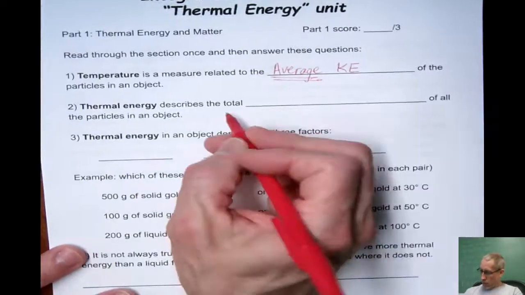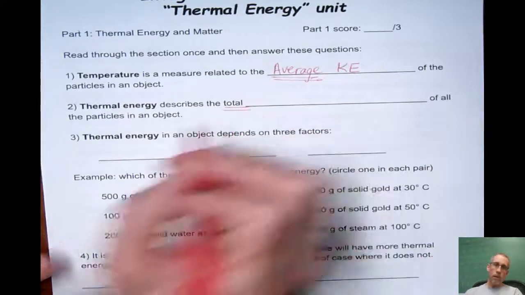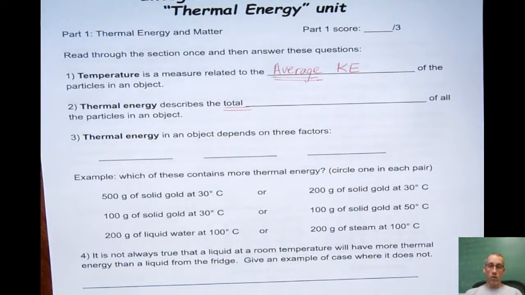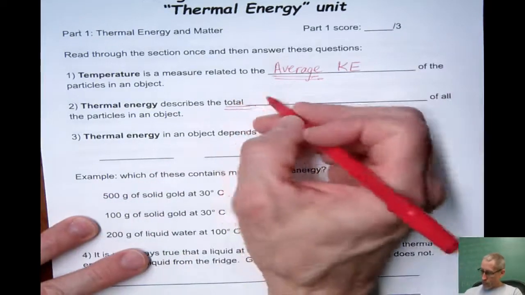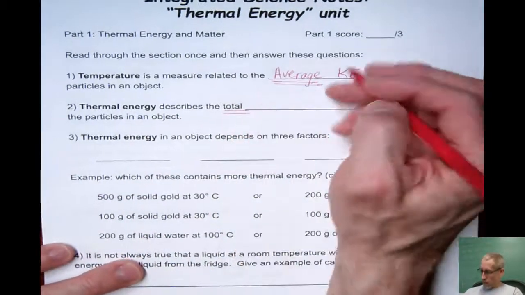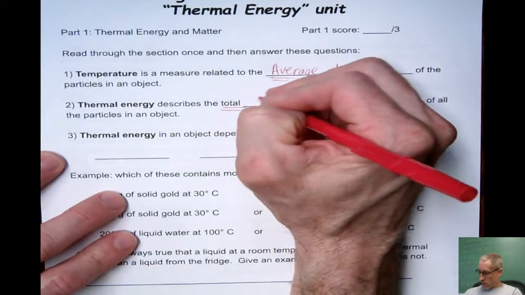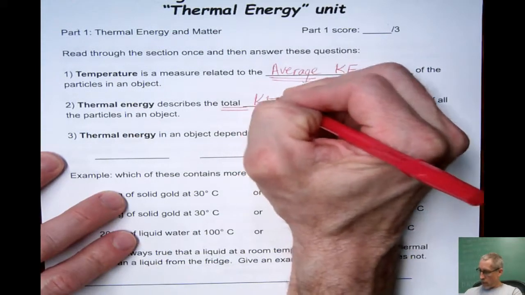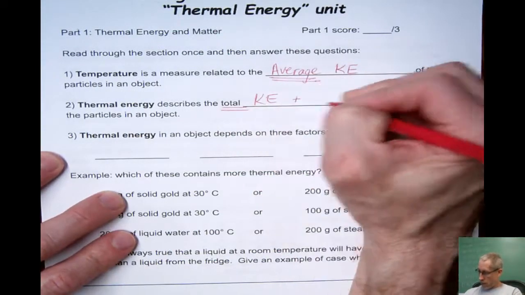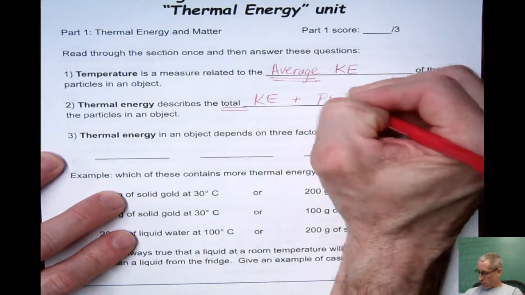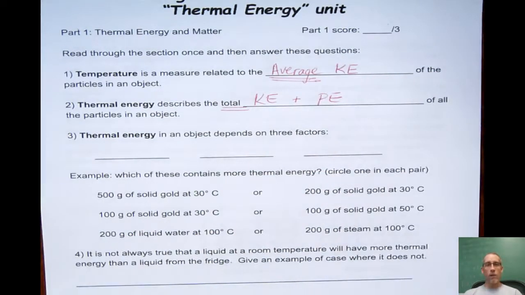But thermal energy, the big difference there is it's a total energy. So it's like we add up all of the energies of all of the particles. So we'll talk a little bit more about that in a second. But it's also not only the kinetic energy, but these particles also have a potential energy. And it's not the gravitational potential energy.